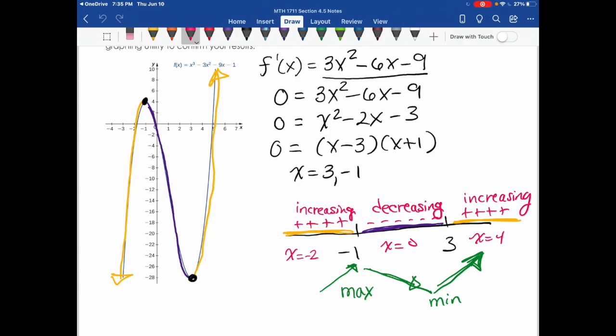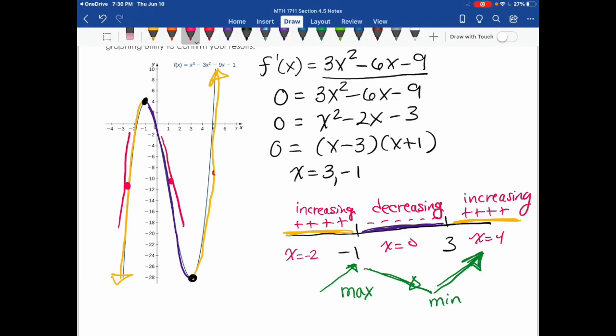So if I were to do a spot check, I know that my derivative at any point on the interval from minus infinity to negative 1 is positive, because if I pick a point to check, the slope of that tangent line is positive.